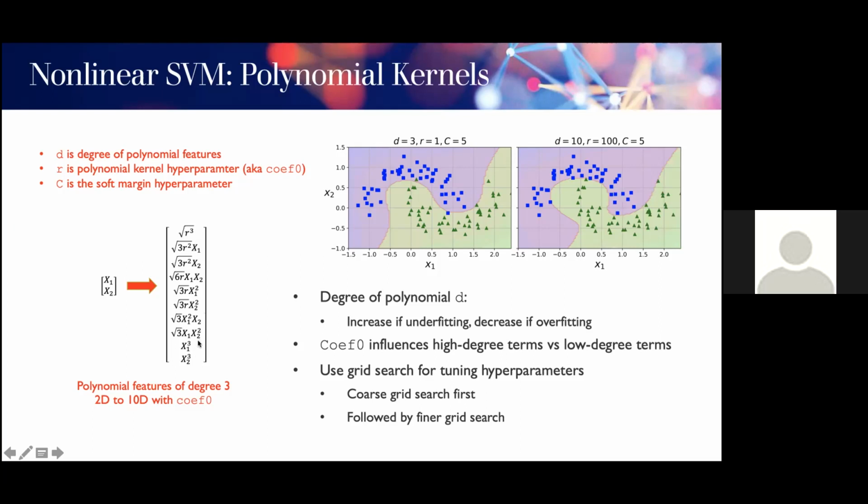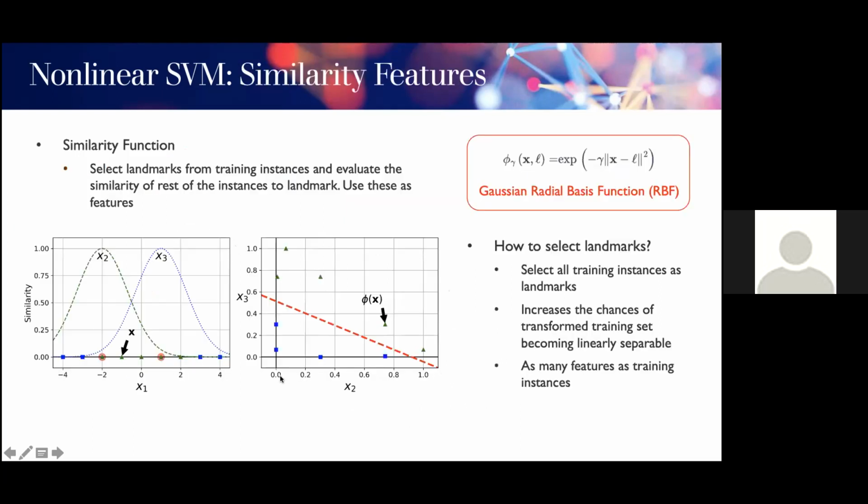So this is what the author means by coef being influenced. You can change coef and change the way the higher-degree terms versus the lower-degree terms influence your decision boundary here.